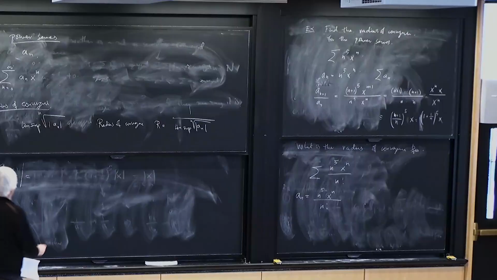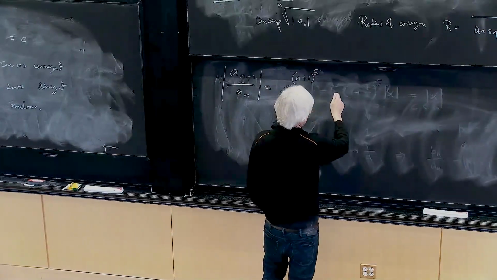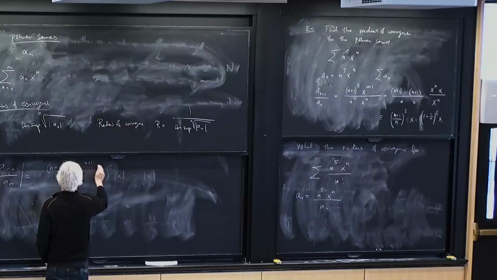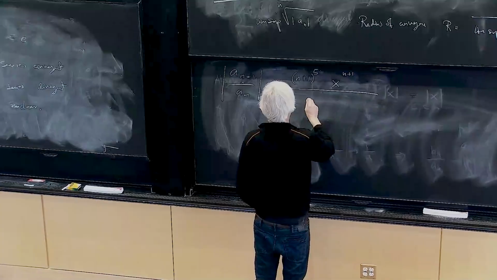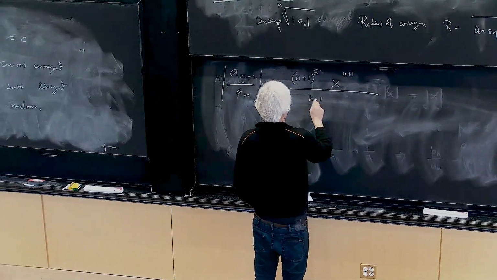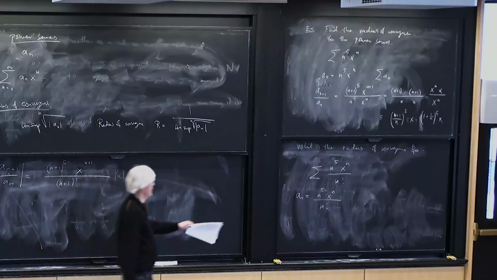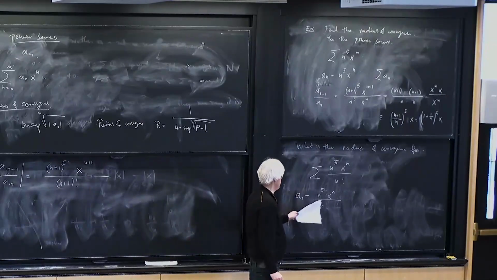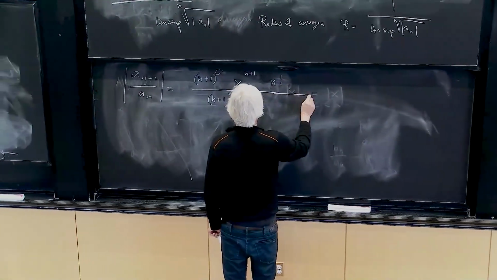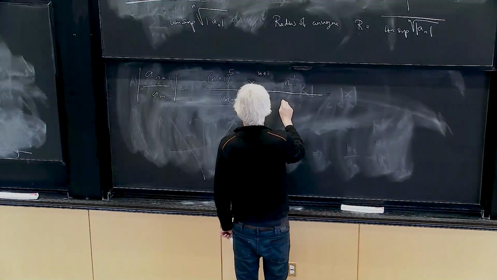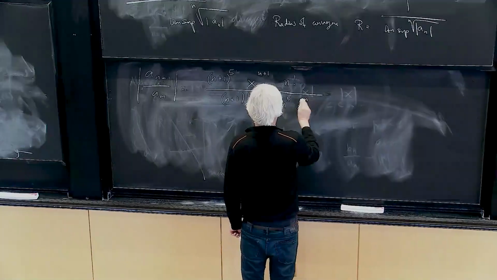then I have (n+1) to the 5th power times x to the power n+1 over (n+1) factorial. That is a_(n+1). And then I have to divide by a_n, but when I divide by a fraction, it's like multiplying by the inverse of this, so n factorial over n to the 5th power x to the n.